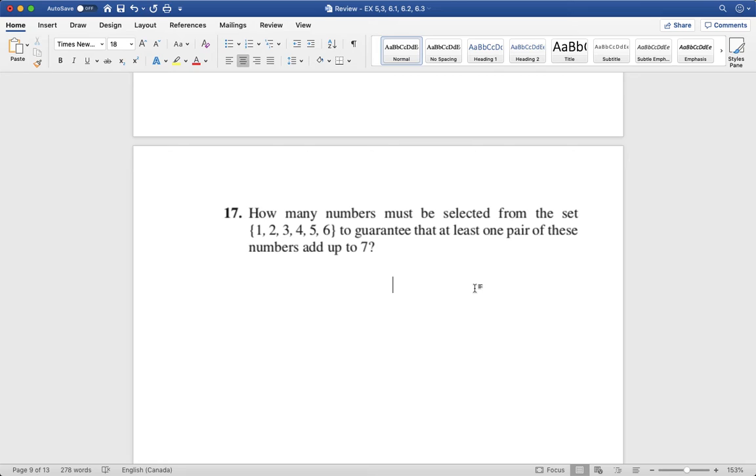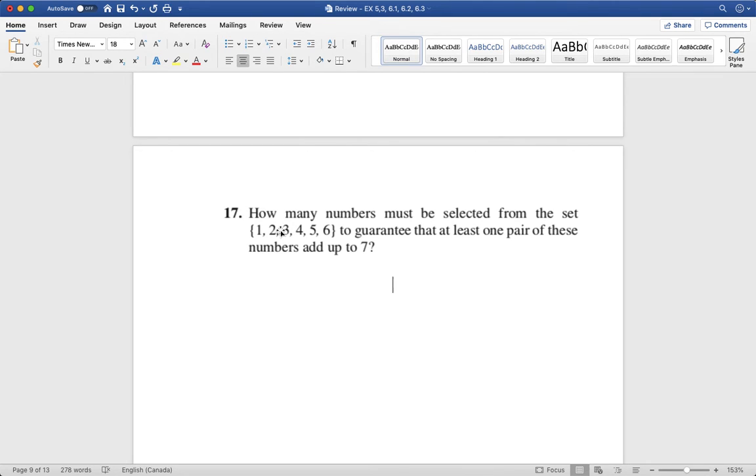Question number 17. How many numbers must be selected from the set to guarantee that at least one pair of these numbers add up to 7? All right, so for example, if we have 6 plus 1, it adds up to 7. 5 plus 2 adds up to 7, 4 plus 3 adds up to 7, right?